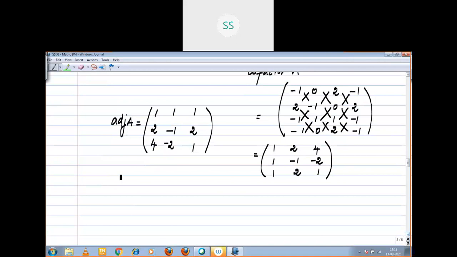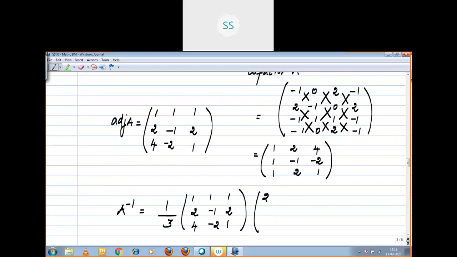Now A inverse equals 1 by 3 into 1, 1, 1, 2 minus 1, 2, 4 minus 2, 1.